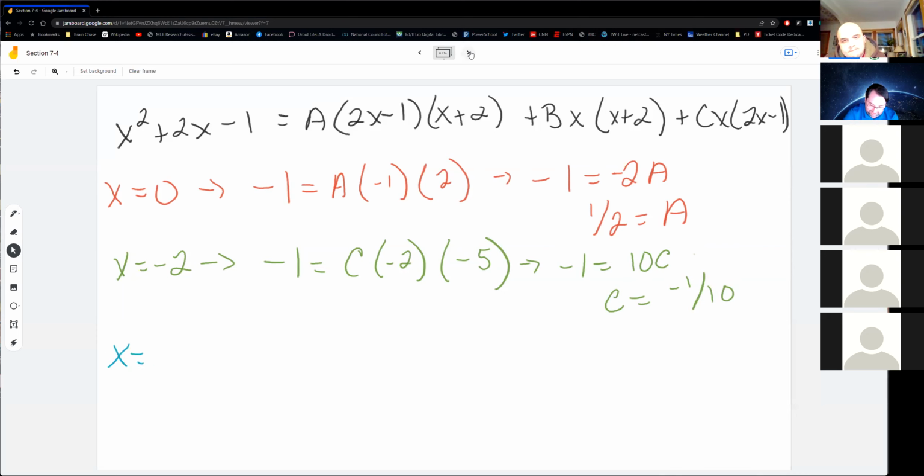And my last one I'm going to plug in is 1/2. So when I plug in 1/2, I get 1/4 equal B times 1/2 times 3/2.